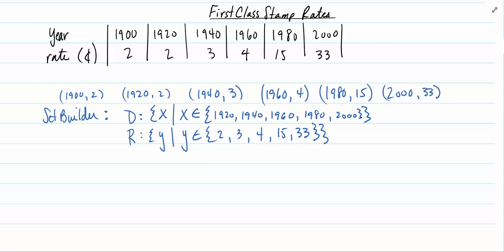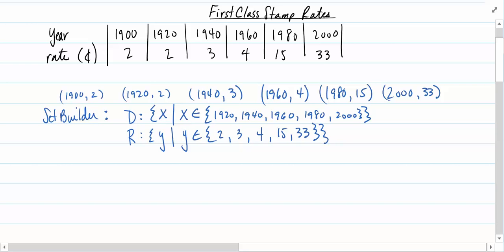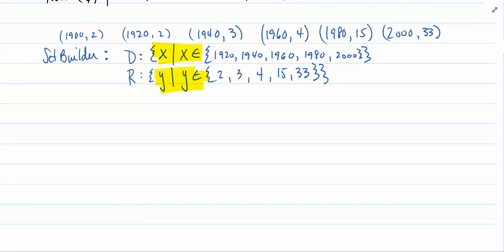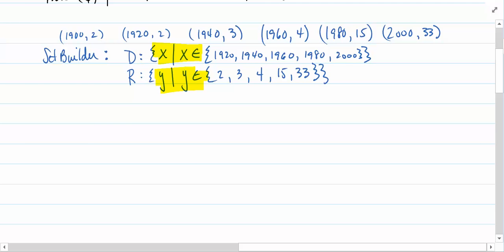Now, on occasion, we can abbreviate this. This sort of notation that we use here, this set builder notation, when it's written formally like this, is nice for advanced math topics. But here, if we're talking about real-world scenarios and we're talking about numbers in the real world, we can sometimes abbreviate that set builder as well. And we can say something like this. Domain would be just this portion, 1920, 1940, 1960, 1980, and 2000.